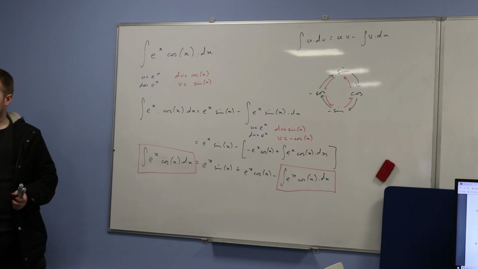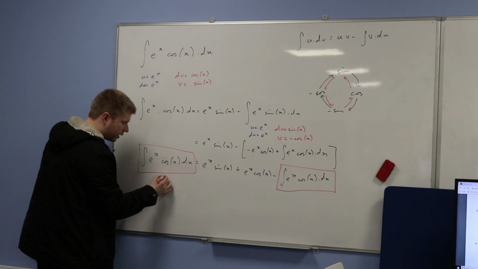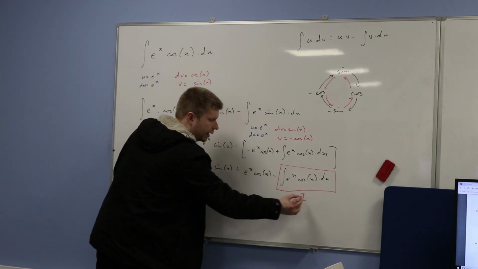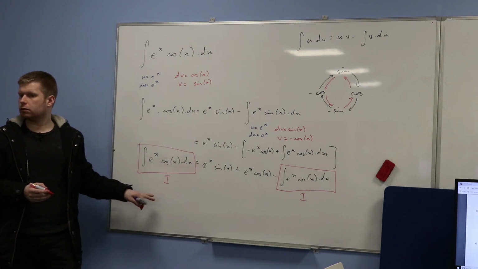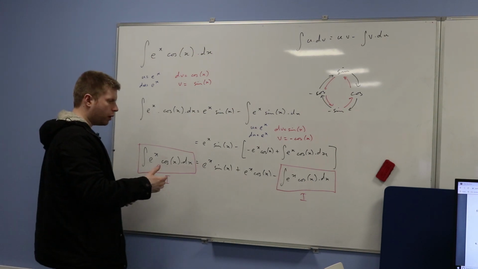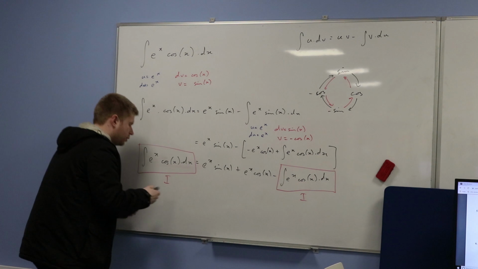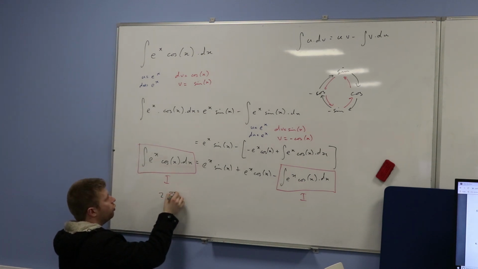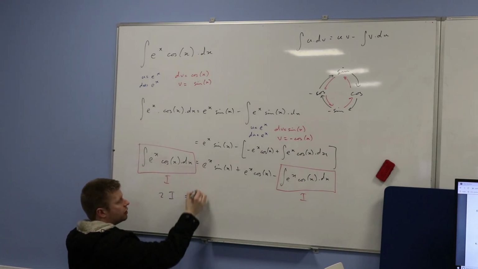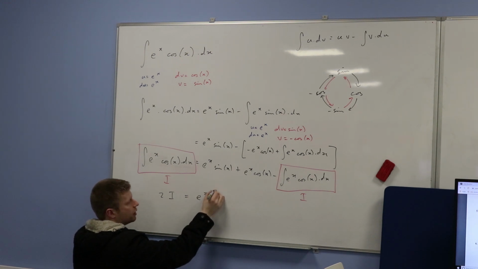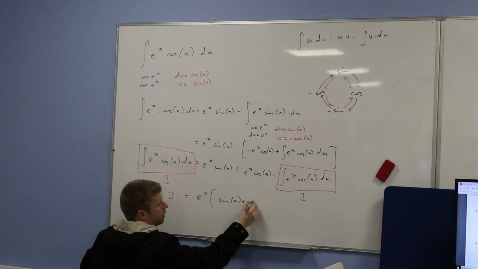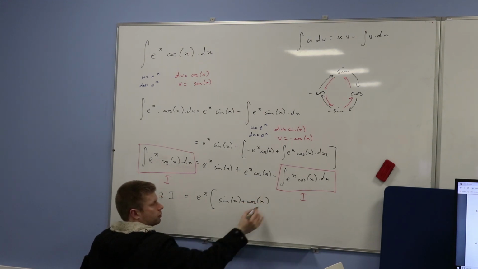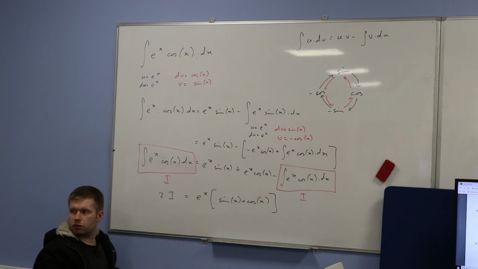This is interesting, okay? Because if this is like I, this is my integral, and this is I on this side, would you be happy that I could add this to both sides? Yeah? In other words, I'd end up with two lots of my integral on the left, and then just this thing on the right. So e to the power of x, in fact, I could factorise out here as sine of x plus cosine of x. Does that make sense, what I've done there?